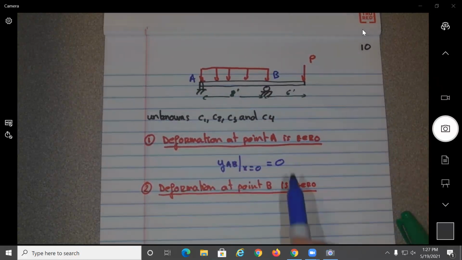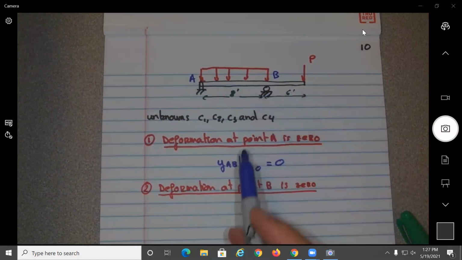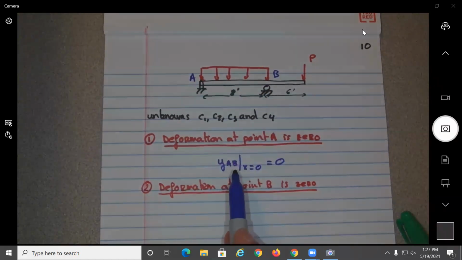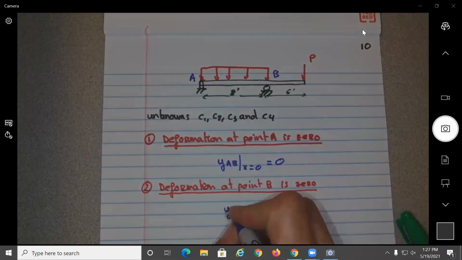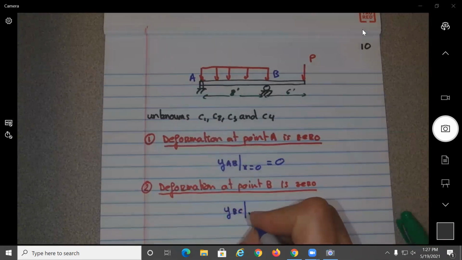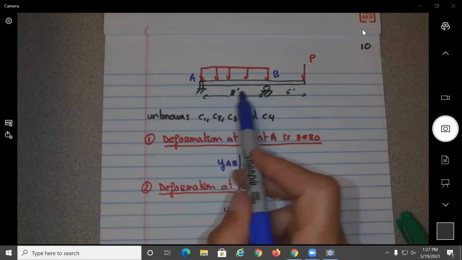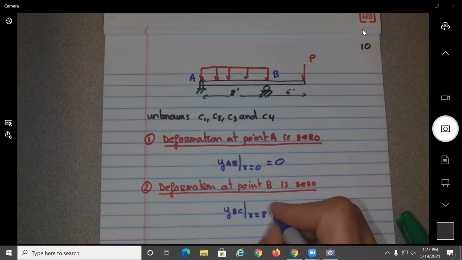Okay, but this time, remember, this will be the second equation that we have. It will not be AB, it will be y BC at x equal what? In this location will be 8, equal to 0.